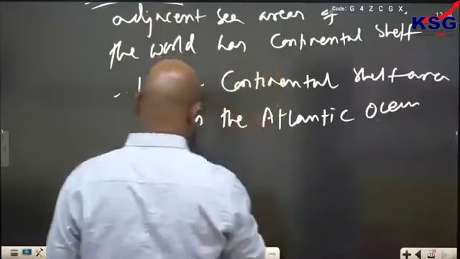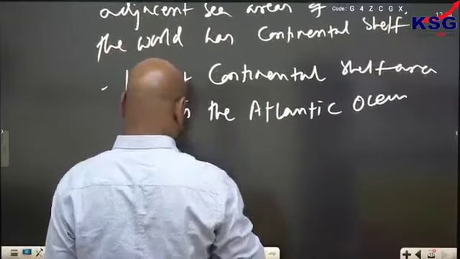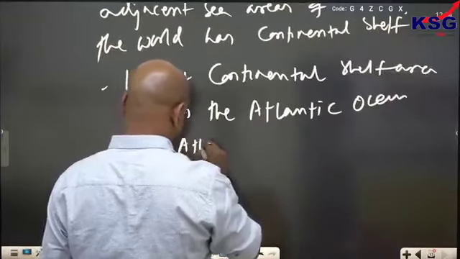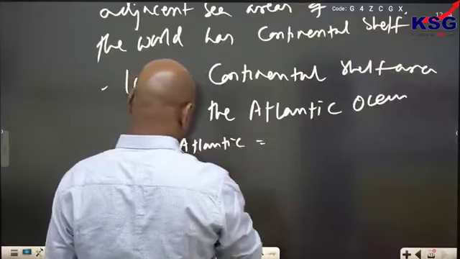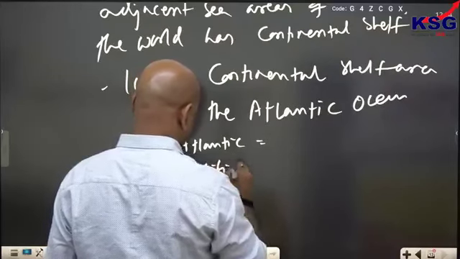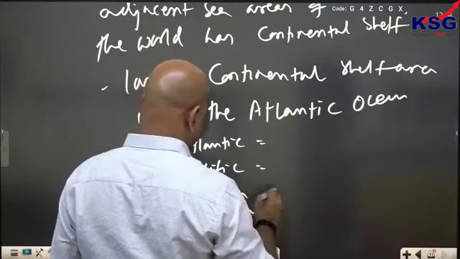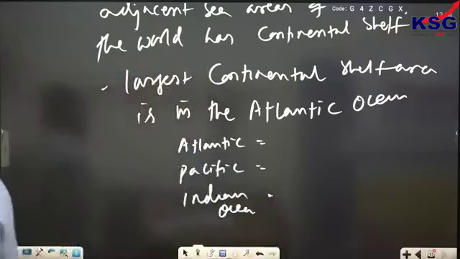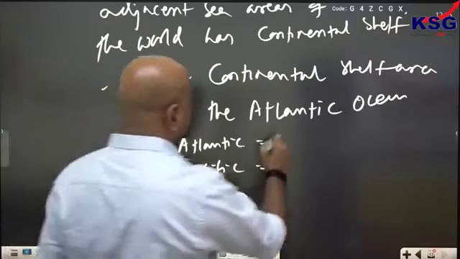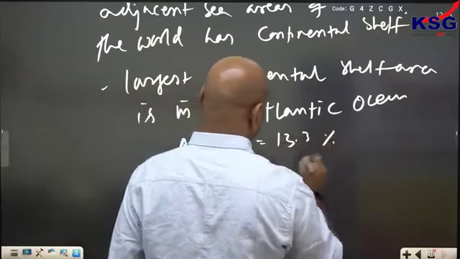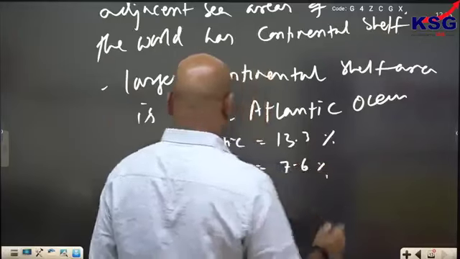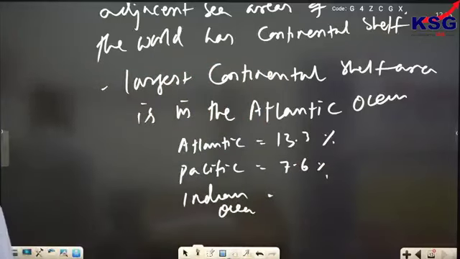Then the Pacific and Indian Ocean. More than 13%, in fact 13.3% of the surface area of the Atlantic Ocean has continental shelf, and the Pacific Ocean has 5.